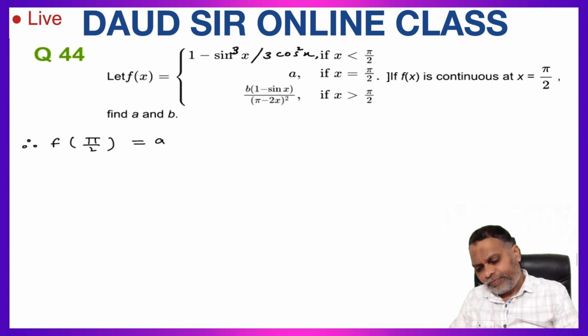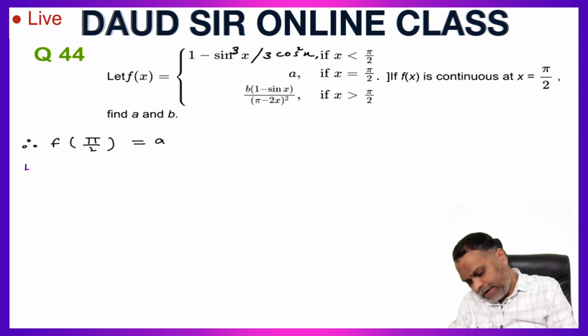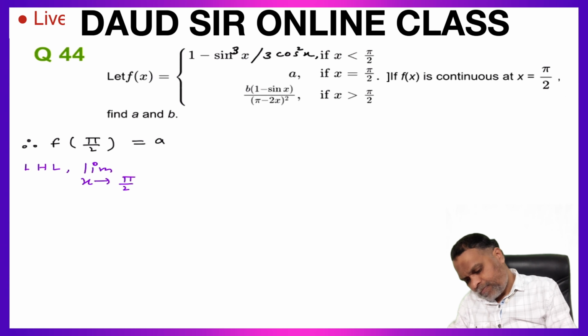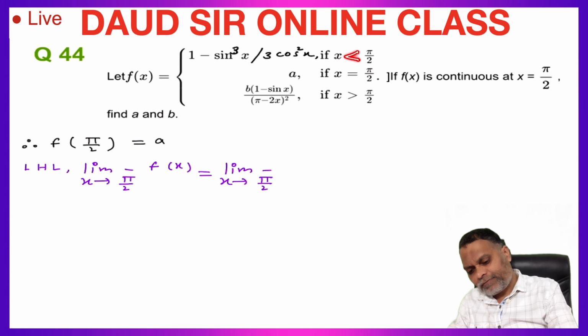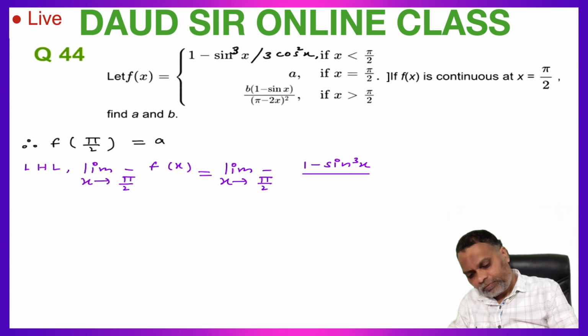Left hand limit, limit x tends to pi by 2 minus f of x is equal to limit x tends to pi by 2 minus, where x is less than pi by 2 here, so take this function (1 minus sine cube x) upon 3 cos square x.